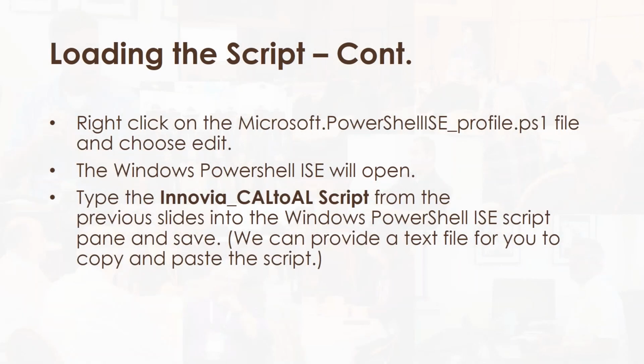And what we would do is we would right-click on that file and choose Edit. The Windows PowerShell ISE will open, and you'll want to paste that script that we sent you in there. If there's already existing code, you don't paste over it, just go down to the bottom and paste it in the function down at the bottom.